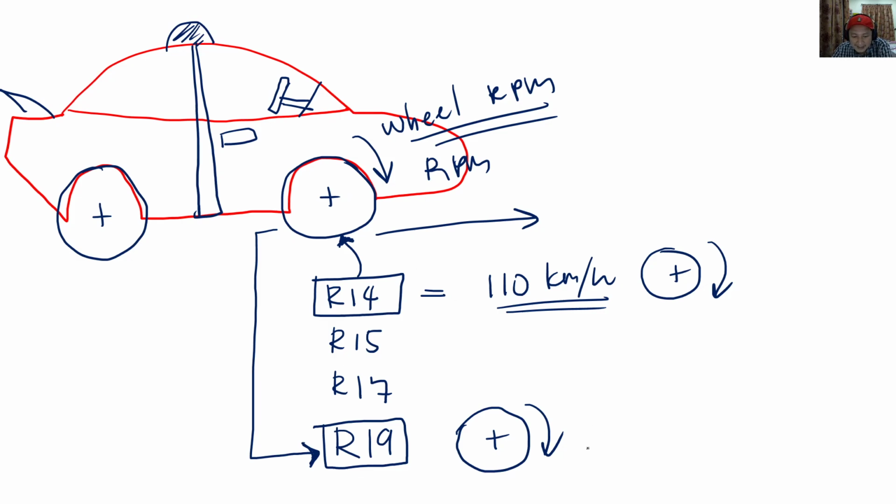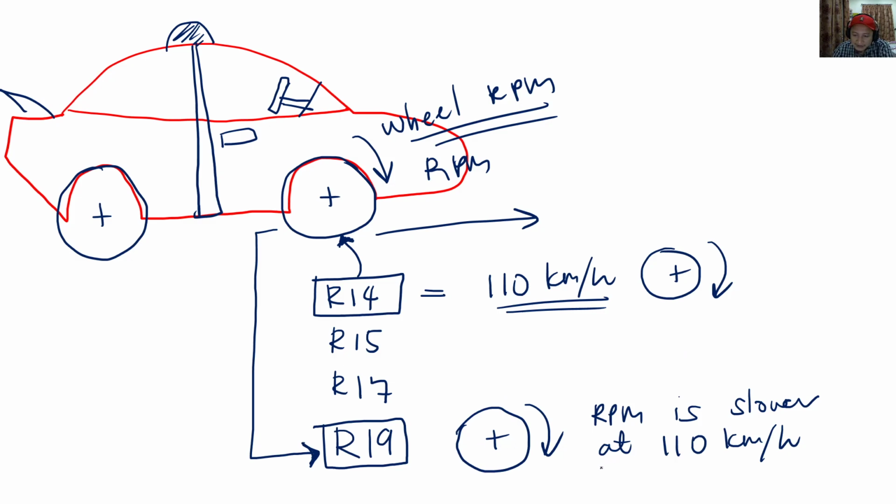Okay, got it. So if you change to a bigger wheel, the RPM is slower at 110 kilometers per hour. RPM is slower because you have a bigger wheel, so you need to rotate slower.